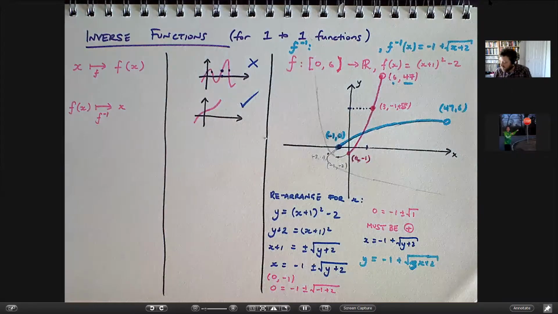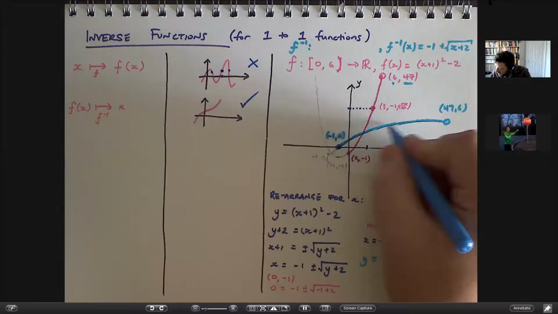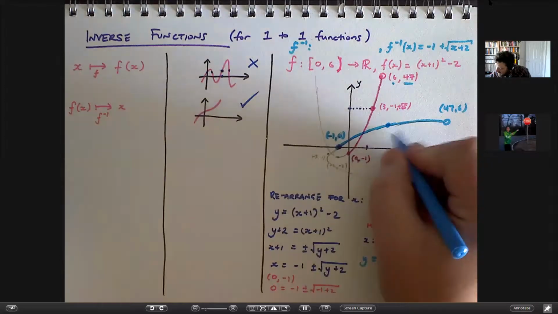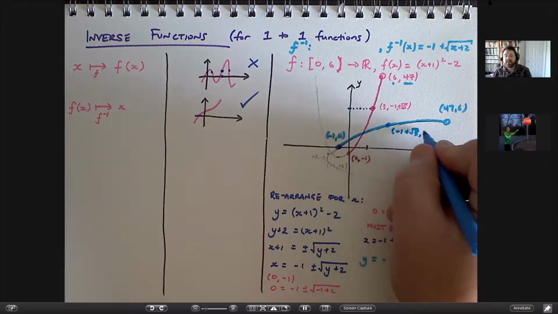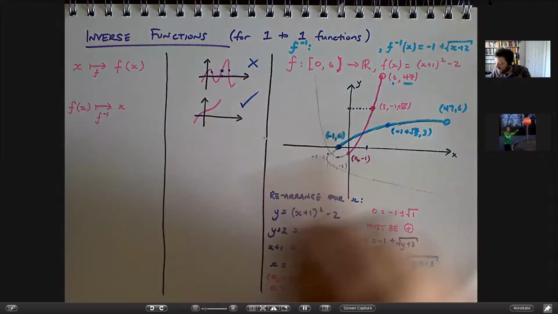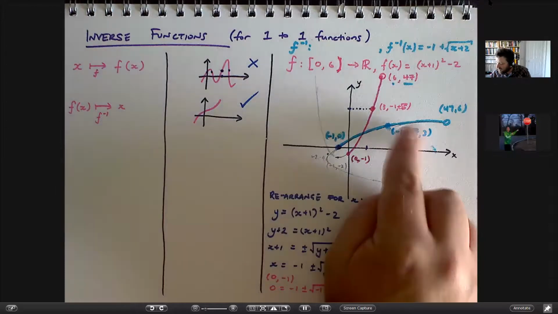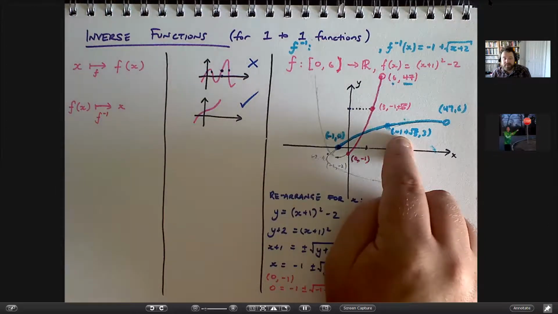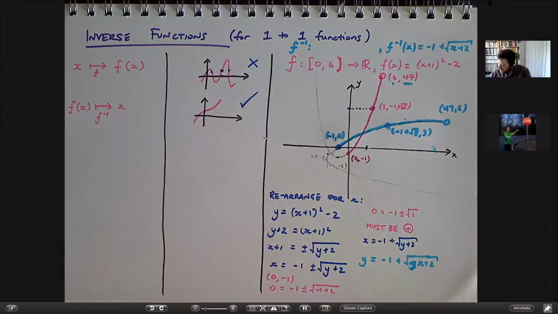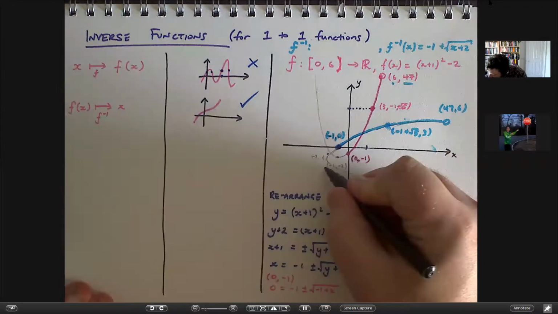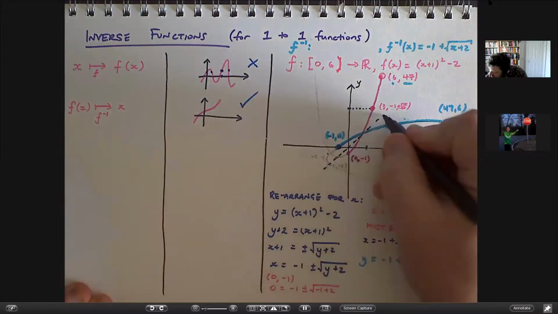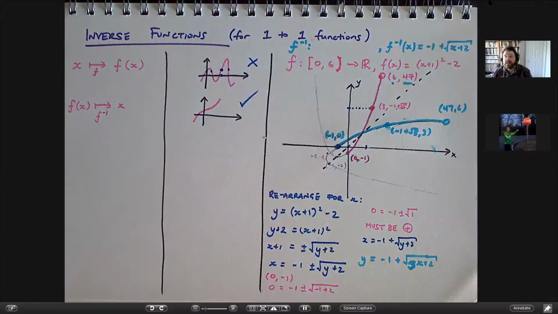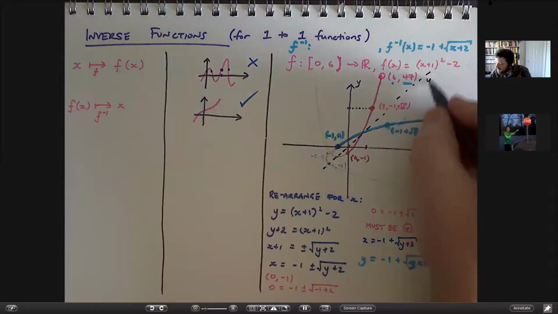The reversal of that point is going to be here, and it's going to be -1 plus √5, 3. So every x value has been turned into a y value, and every y value has been turned into an x value. The shape of this graph is actually just a reflection of our original graph. It's been reflected along that line, y equals x.